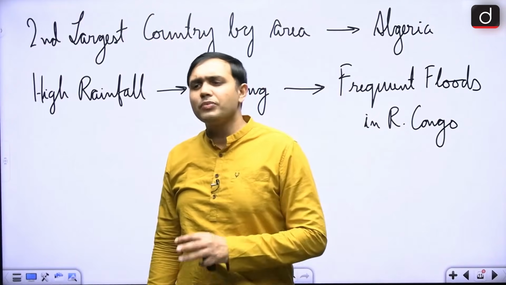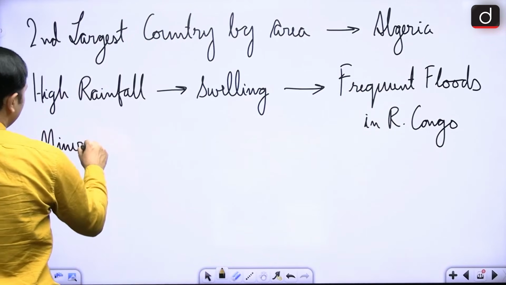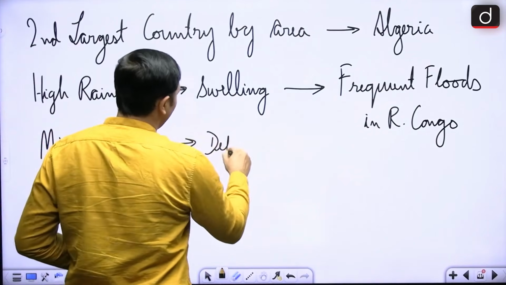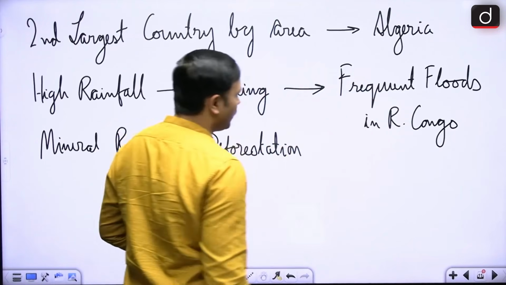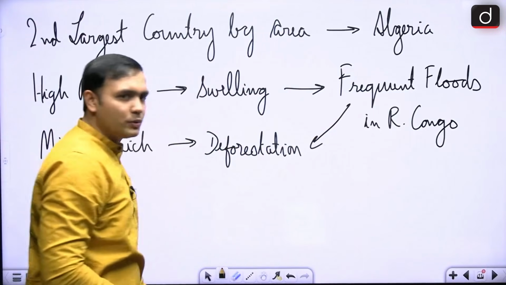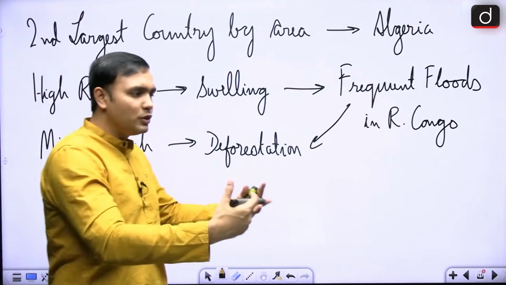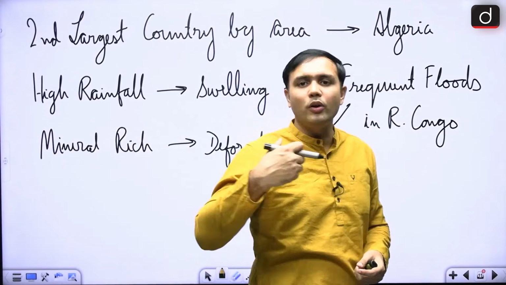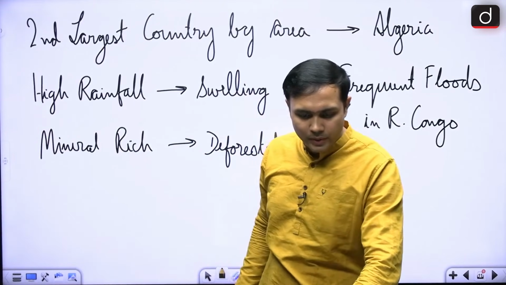Other aspect is that because it is very, very mineral rich, there is a lot of deforestation that is happening. So when these floods come about, right, they are causing a lot of destruction also, because these roots, these forests that would have stopped it or lessened the impact are not there, are quickly being cleared up, right?